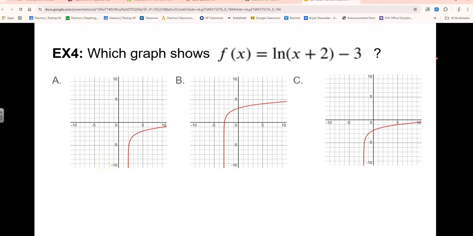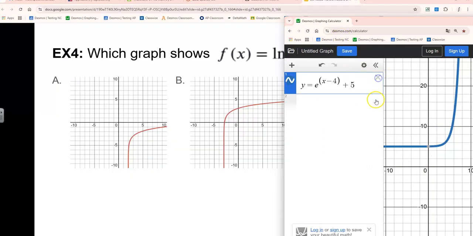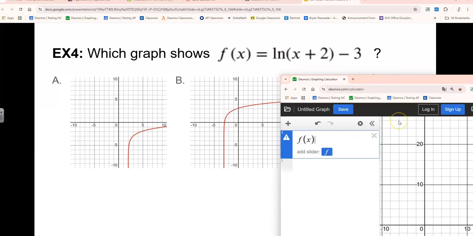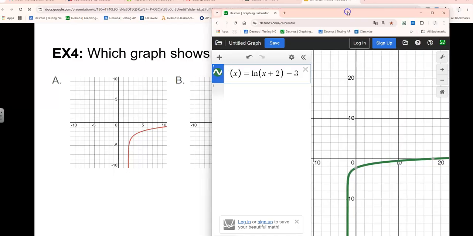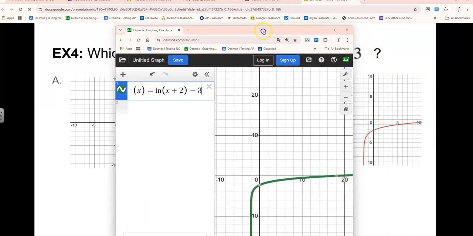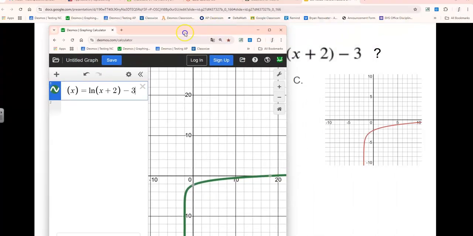Okay, this one right here, we are looking at our graph here, and I'm going to graph it on Desmos because that's what I see a lot of you doing. So if I graph f of x equals natural log of x plus 2 minus 3, I get this graph right here, and which one of our answer choices matches that?